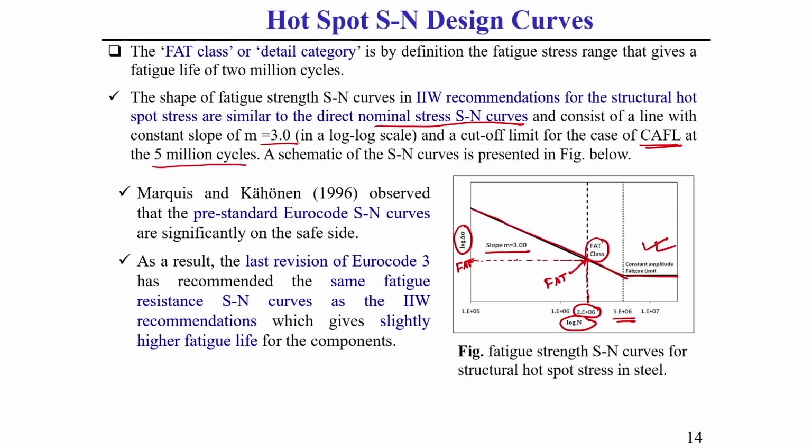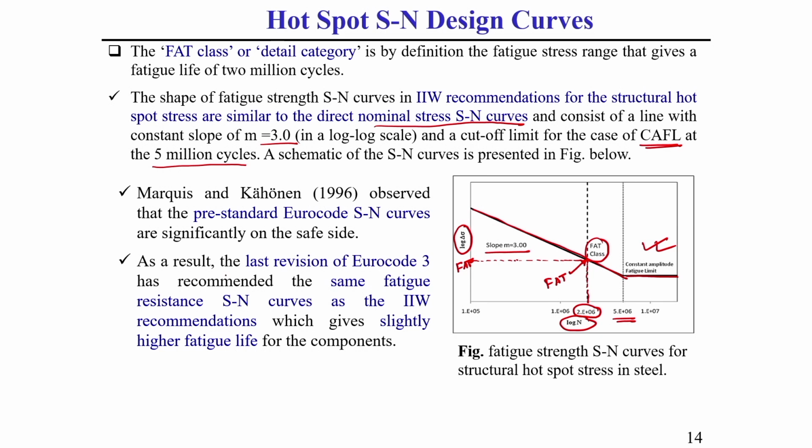Marquis and Kahonen in 1996 observed that the pre-standard Eurocode SN curves are significantly on the safe side.